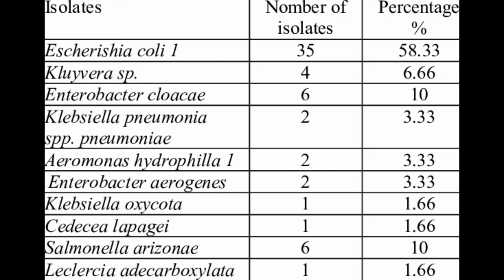Now we have the ONPG test, or O-nitrophenyl beta-D-galactopyranoside, which detects beta galactosidase. There are two enzymes in lactose fermentation. One is permease, which allows lactose into the bacterial cell, while the other is beta galactosidase, which splits lactose into glucose and galactose.